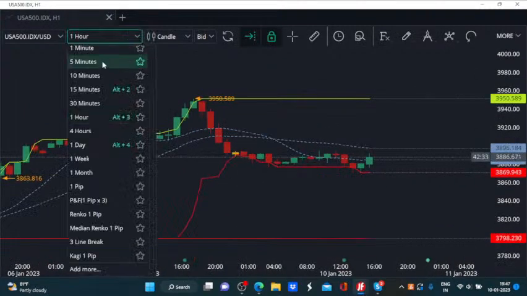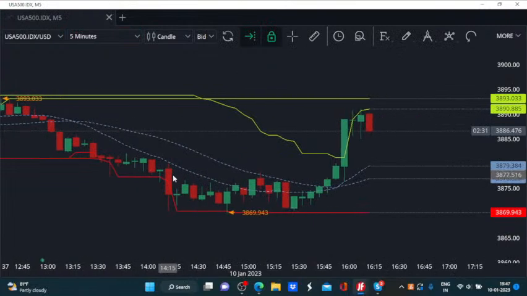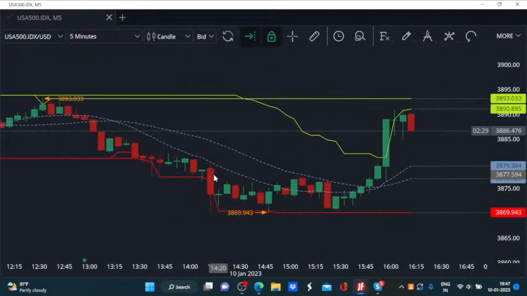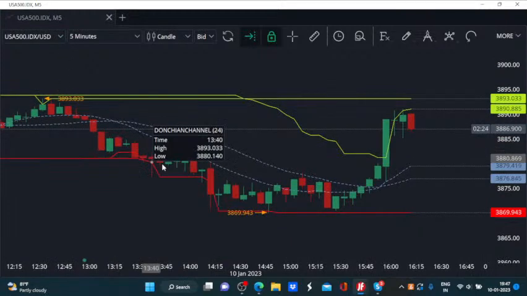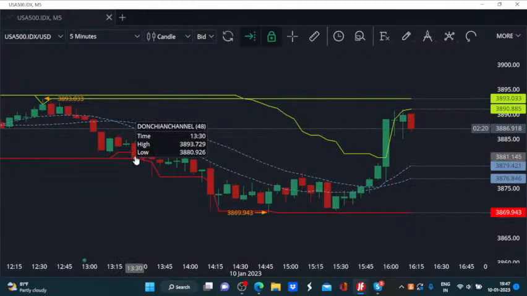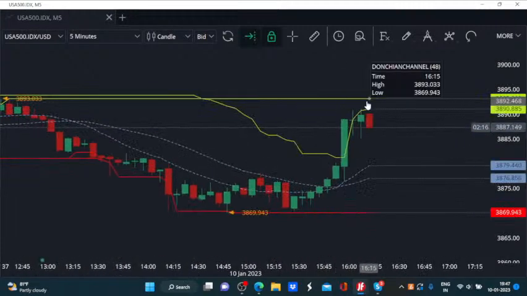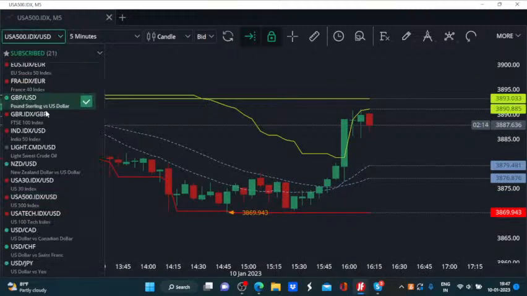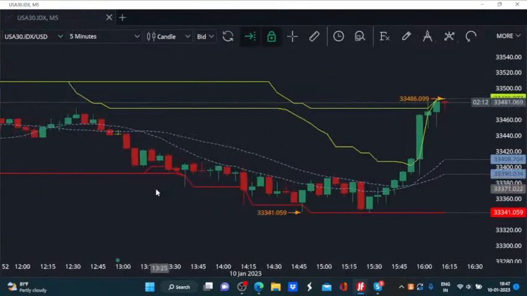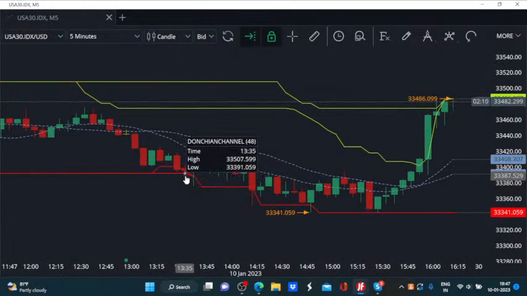For comparison, let's do the relative comparison of the S&P 500 and the Dow Jones Industrial Average along with the Nasdaq. So here the decline for the hourly low came in at 13:30 GMT. After that, it is now trying to climb again. For the DAX, the low came in at 13:35 GMT.